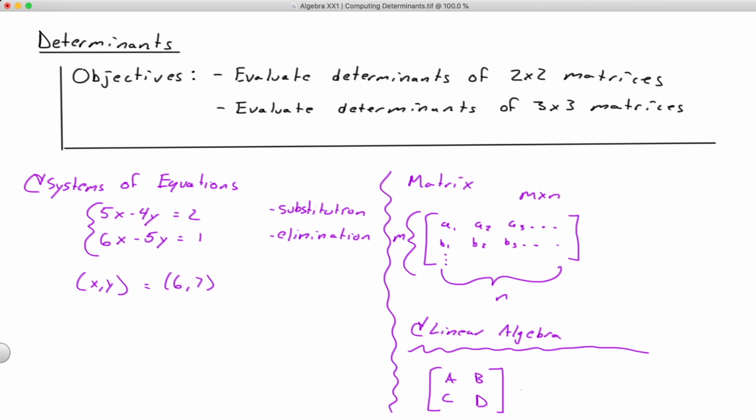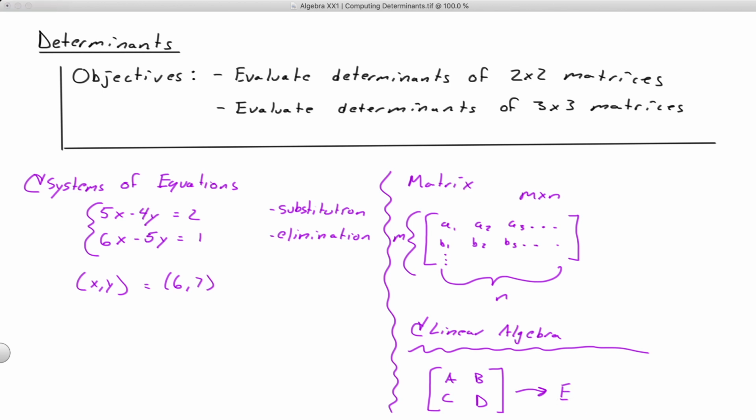And so in our case, we're going to focus specifically on square matrices, in other words, matrices that have the same number of rows and columns. And more specifically, we're going to take those square matrices and evaluate what is called the determinant of them. Essentially, all that is, if we had some kind of square matrix, like for example A, B, C, D, it's taking those four numbers and turning them into just a single value.